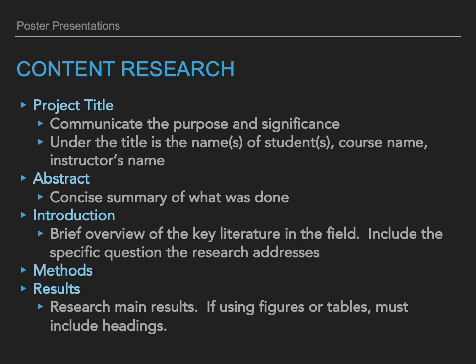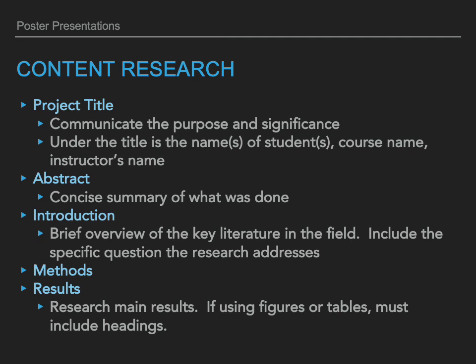The results section should explain the researcher's main results. For qualitative studies, this might be the key arguments, interpretations, or conclusions. For quantitative studies, you might review key data analyzed in the research process.